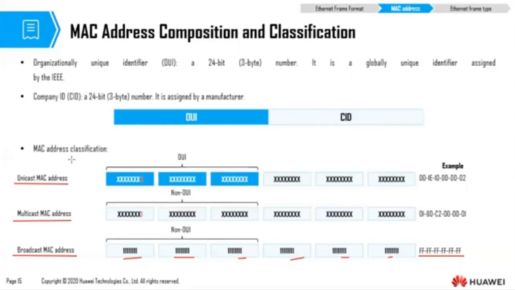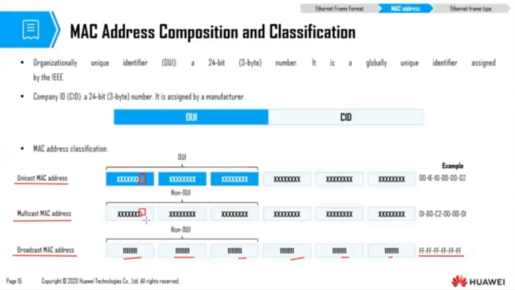For a unicast MAC address, the first bit of the first octet will always be a 0.